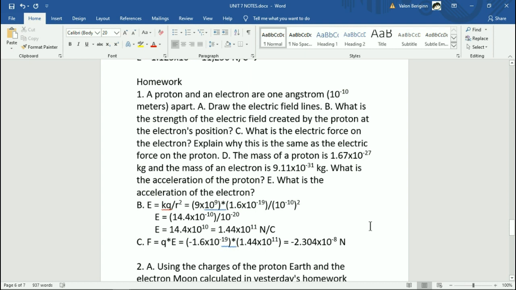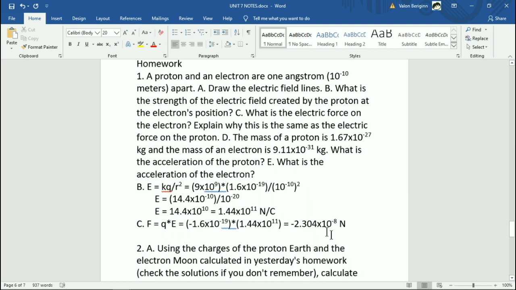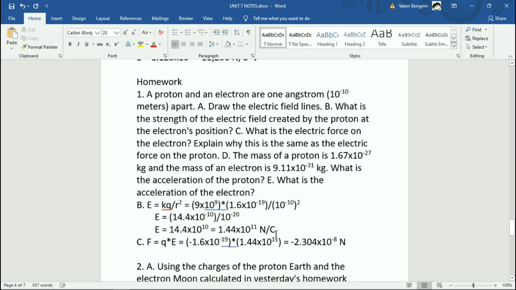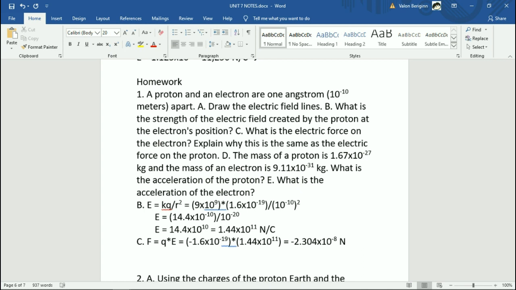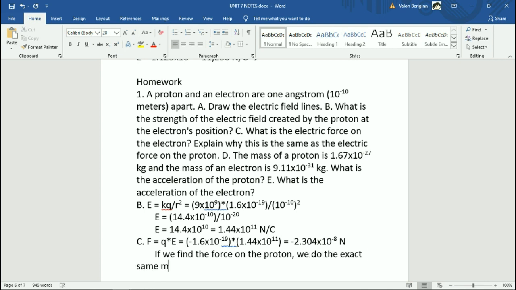Okay, so then, explain why this is the same as the electron force on the proton. So this is the force on the electron from the proton. Now to do the opposite, what we would have to do is find what is the field strength from the electron, and then find the force on the proton. And the explanation here is that if we do this, find the force on the proton, we do the exact same math, right?